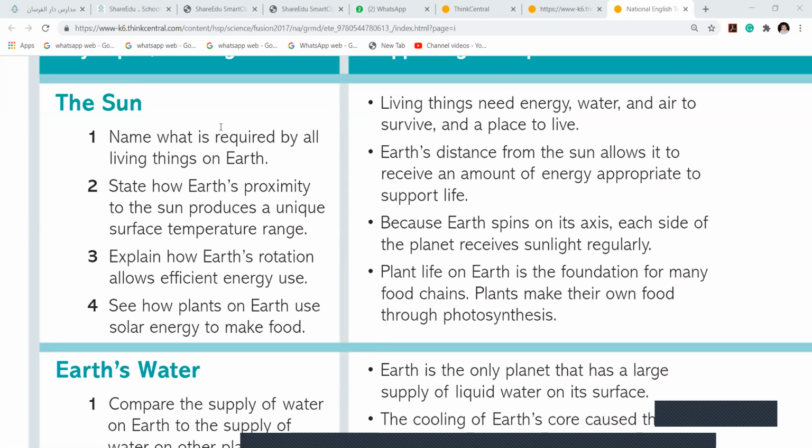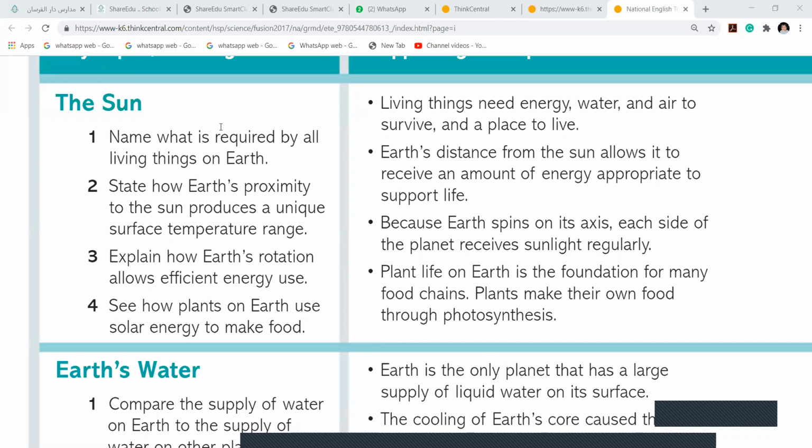Okay, good. Do you have an idea what we are going to learn in the lesson? What are the important things? What do living things require? First, living things require air, sunlight, of course, water, and a place to live. Then we will also talk about the distance between Earth and Sun. Next, why is the Earth rotating?